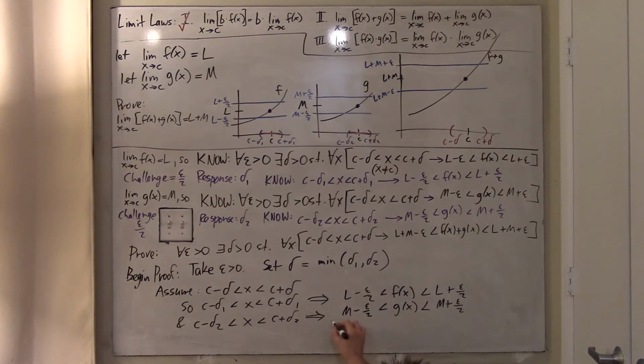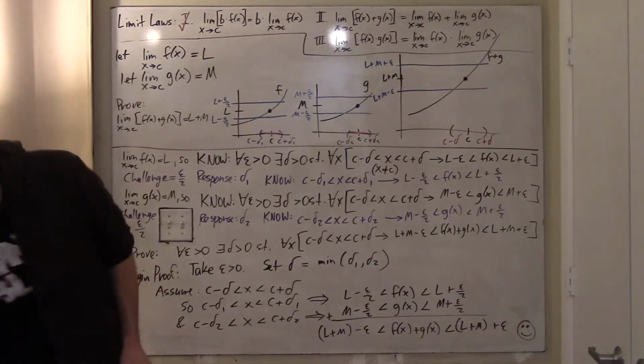What do I do? I just add these two inequalities. It's a property of inequalities. You can just do this, and what do I get? I get that L plus M minus epsilon is less than F plus G, which is less than L plus M plus epsilon. And that is exactly what I wanted to prove.